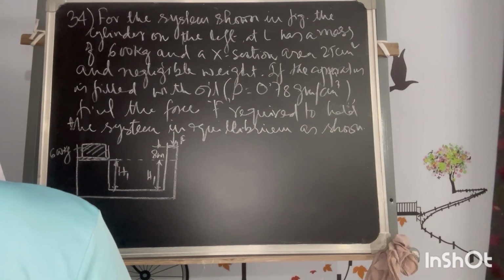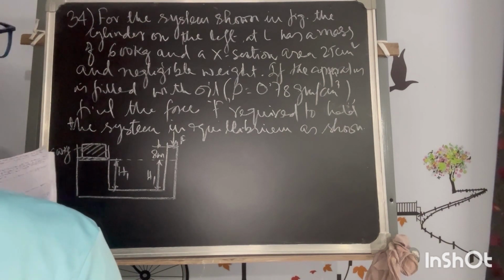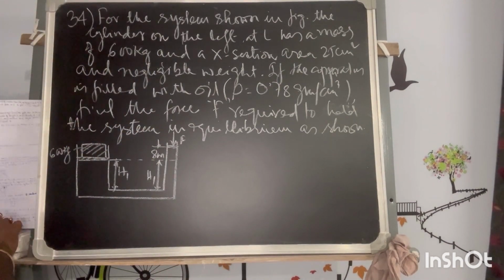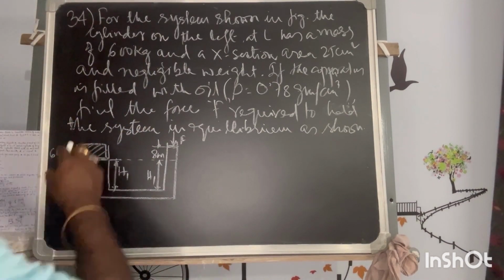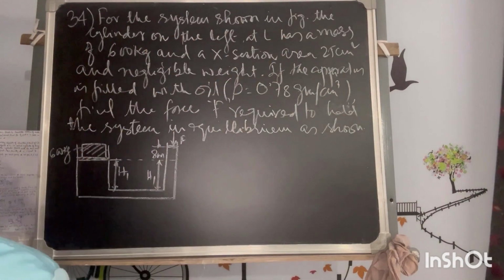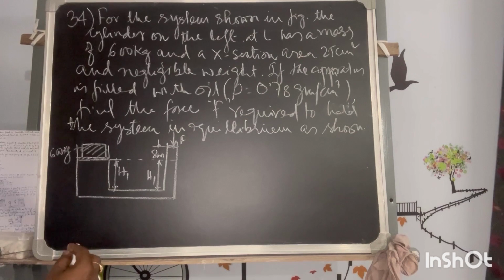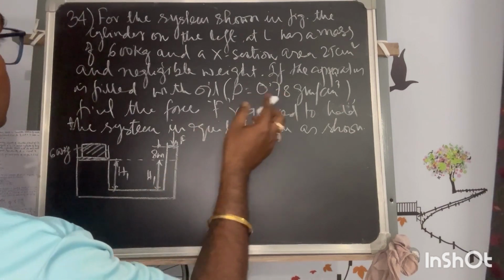F is the force, and let me read it out. This is the diagram. If anything is left, I will draw it again. For the system shown in the figure, the cylinder on the left side at L has a mass.